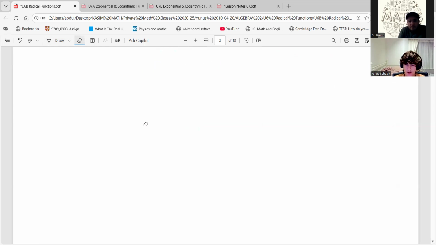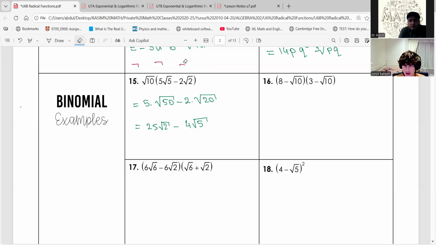Okay, that makes sense. And then on 16, am I just doing like FOIL? Would I distribute the 8 first? It doesn't matter. Multiply 8 by each term, 8 by 3, 8 by square root of 10. And after that, square root of 10 by 3 and square root of 10.